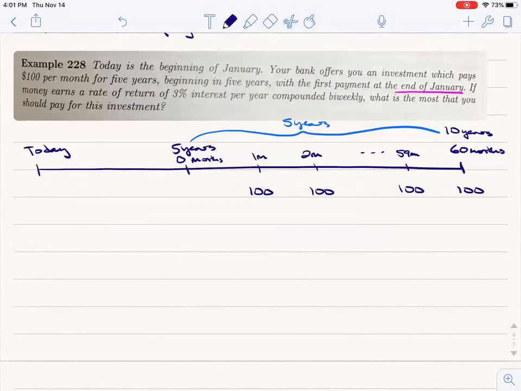We only know how to find the future value of these up to this point. We can do that, but then from here to here for 5 years, we've just got compound interest like we were doing on test 2. Even though we've got compound interest for annuities, I'll call this basic compound interest the compound interest section.